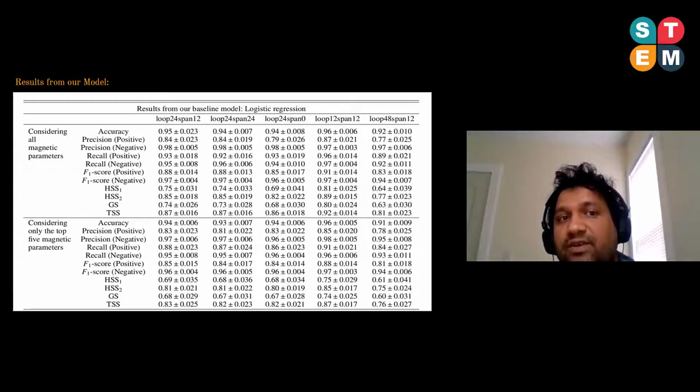That's why we are able to get such good results. And even if we have almost a total of 16 or 20 magnetic parameters, if we consider only the top 5, then also we are able to get almost similar accuracy of True Skill Statistic.